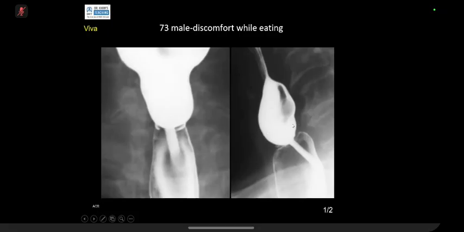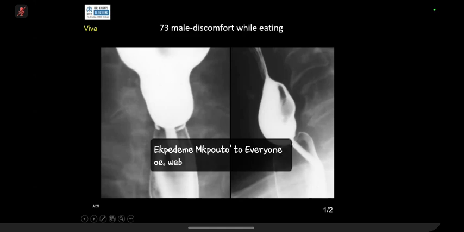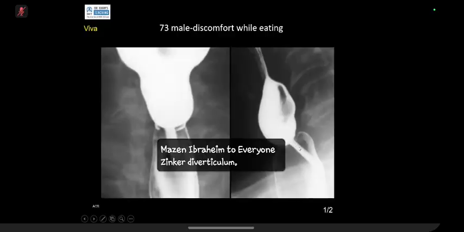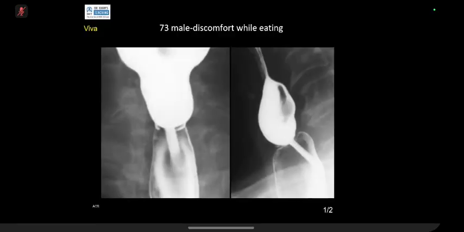There is one portion of esophagus. This is a double contrast study, which is slightly dilated, and then the lumen becomes narrow, and this is the distal portion, slightly different. Within that, there is a sort of jet. We use the word jet of contrast, which is going through it. If you stretch your imagination, something is sitting here, and the hole in the esophagus is smaller, and through that hole, things are going.